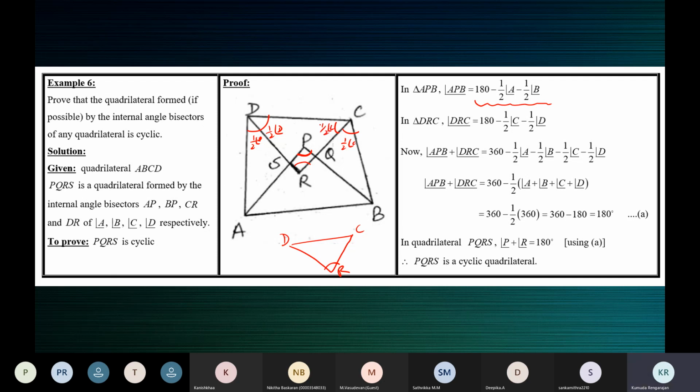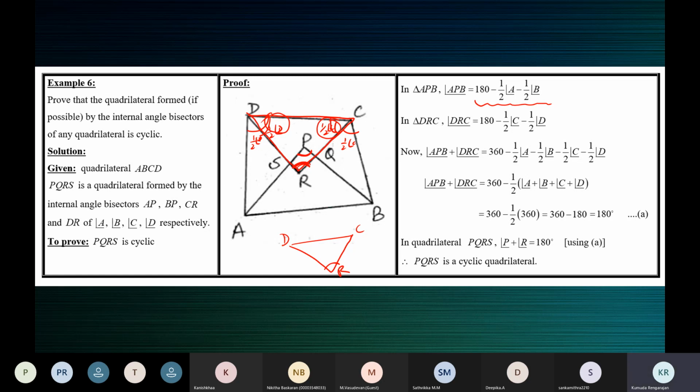So in triangle CDR, we have half of angle C, half of angle D, and angle R. In this triangle DRC, the three angles are angle R, half of angle D, and half of angle C.